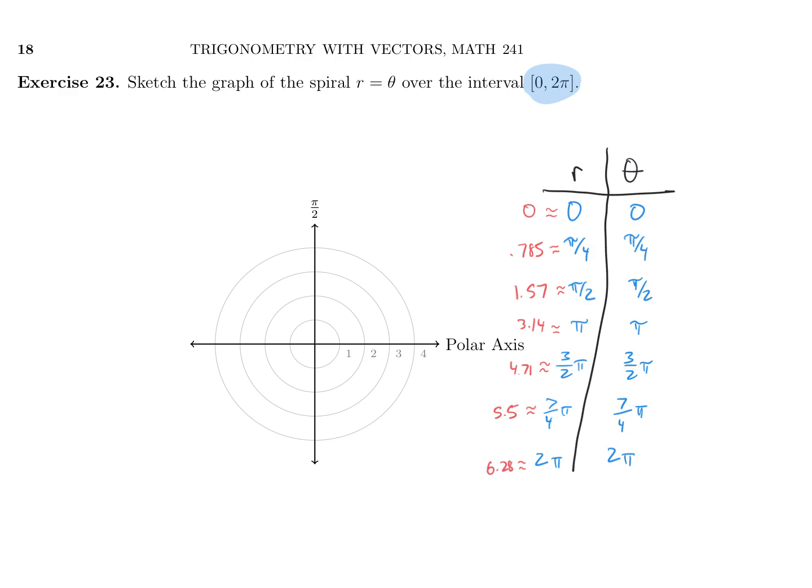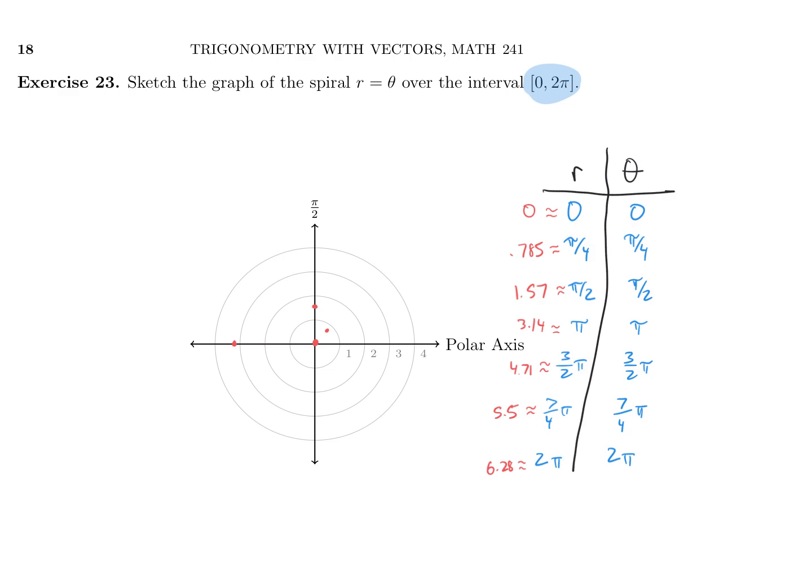So 0, 0, that's just the origin or the pole. Pi over 4, 0.785, that would be approximately in the 45-degree angle, not quite 1. Okay, pi over 2, that's 1.57, so a little bit more than 1.5 would be up here. In the direction of pi, you want to go 3.14, which is about here somewhere. 1, 2, 3, plus a little bit extra.